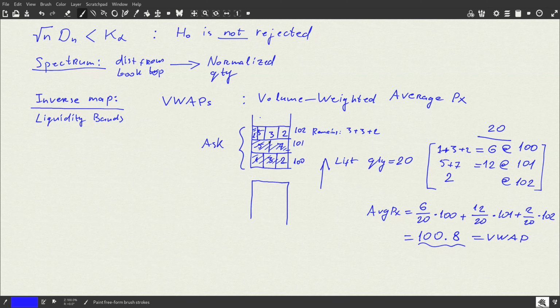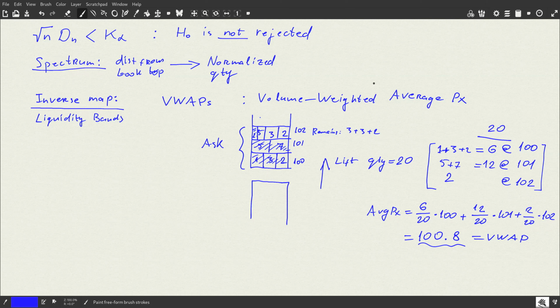You calculate the total cost of acquiring this quantity and divide it by the quantity. And you get the average price for the corresponding quantity or volume. Volume is quantity. That's why it is called volume weighted average price.